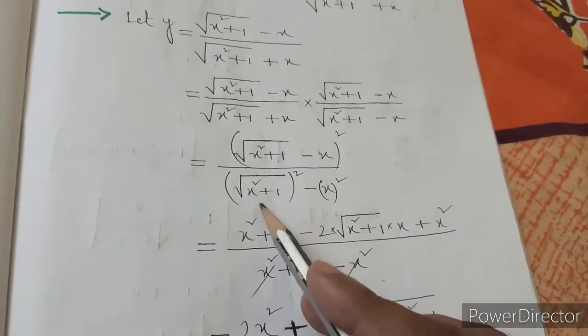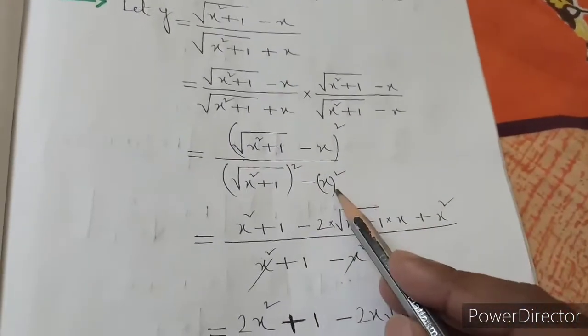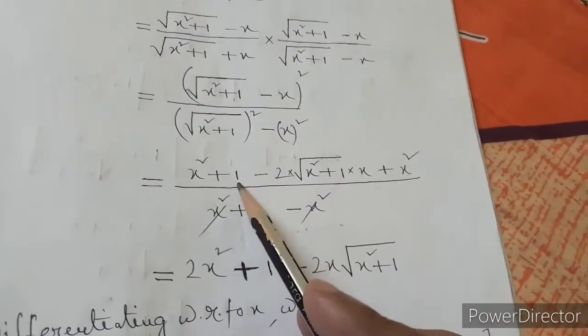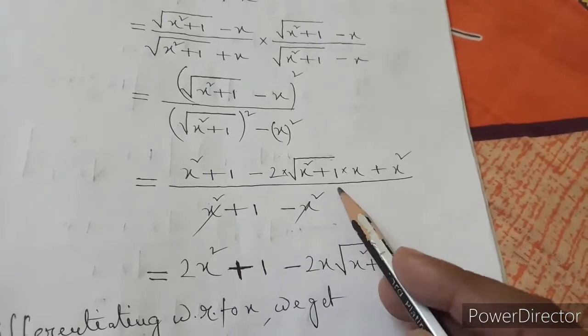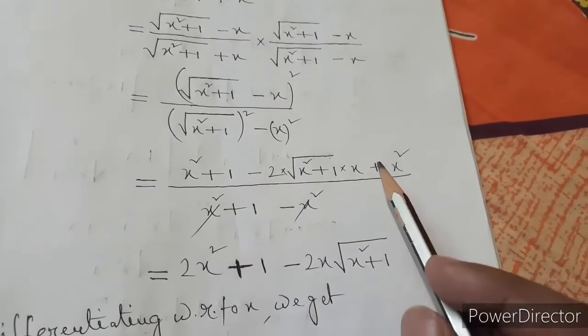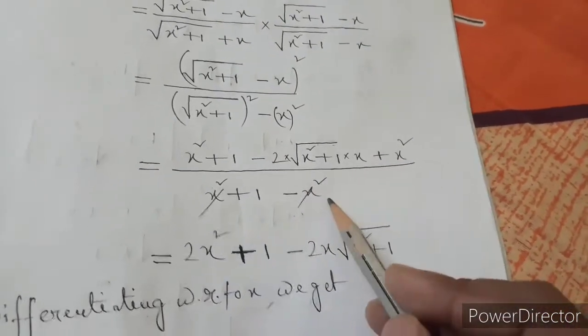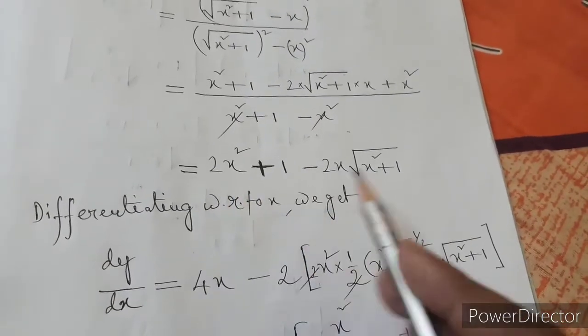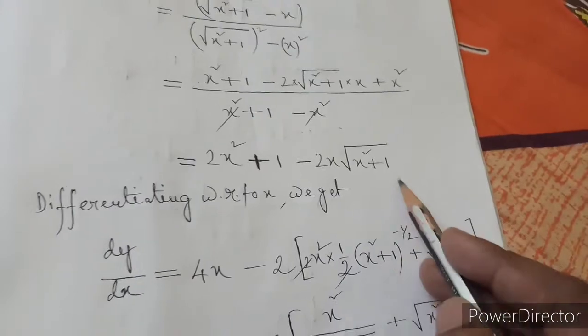That means (root under x square plus 1) whole square minus x square. After simplification, we got x square plus 1 minus 2 into x into root under (x square plus 1) plus x square, by x square plus 1 minus x square, which is 1. So x square cancels out. So this should be 2x square plus 1 minus 2 into x into root under x square plus 1.